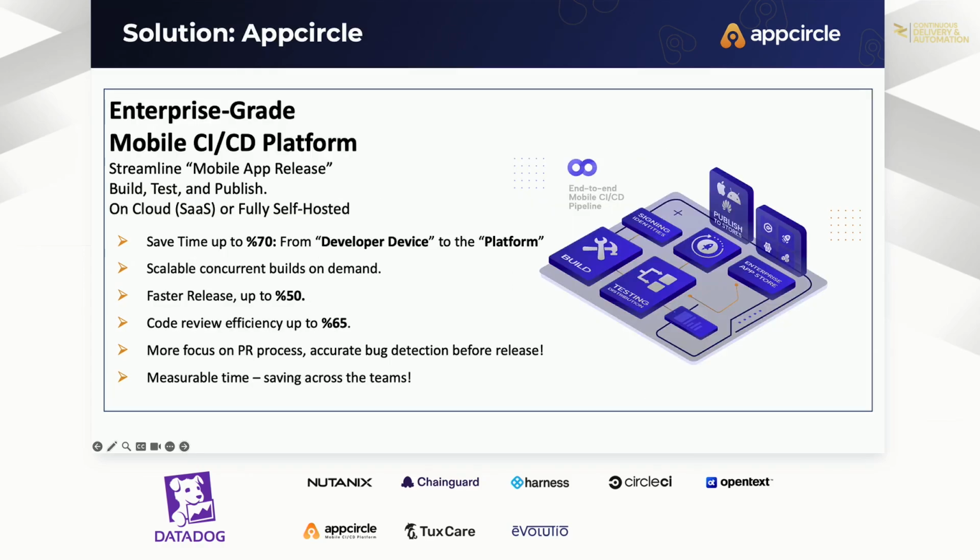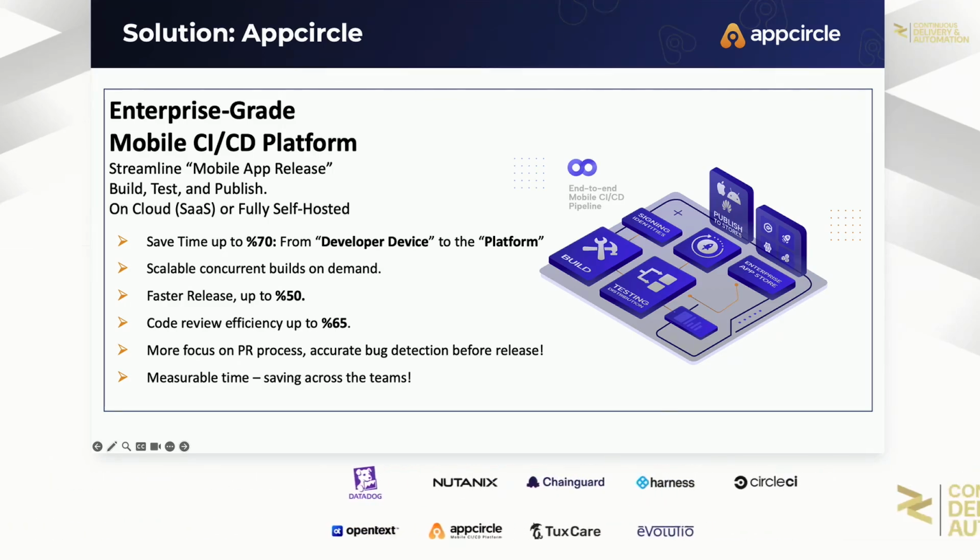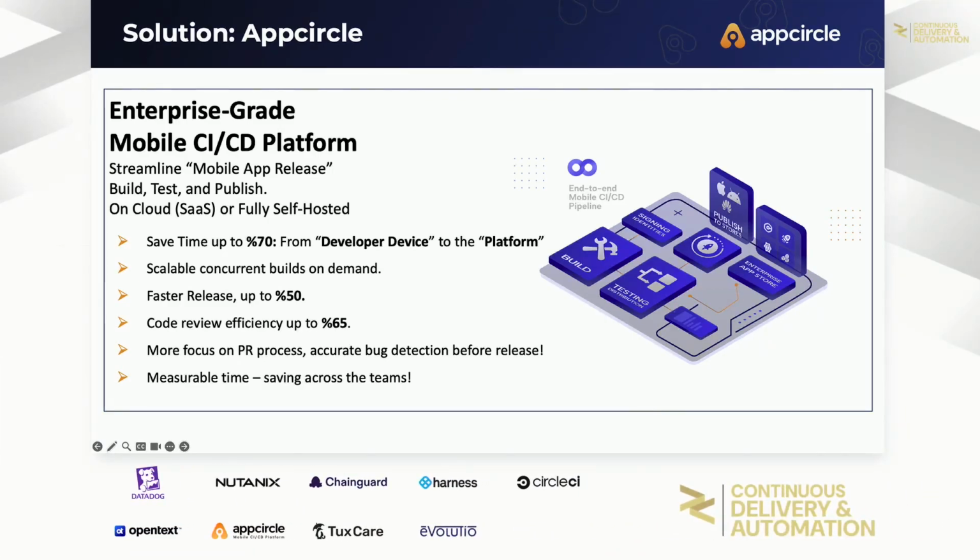So the solution that we provide is an enterprise-grade mobile CI/CD platform. What we are doing is gathering all these building, testing, and publishing processes under one platform. It's a low-code platform in the end, but it can be used as SaaS and self-hosted. This is important because I can understand a SaaS platform will be way more beneficial to most companies in terms of practices, because of all the value proposition we are talking about here, to decrease the dependencies and be more efficient.